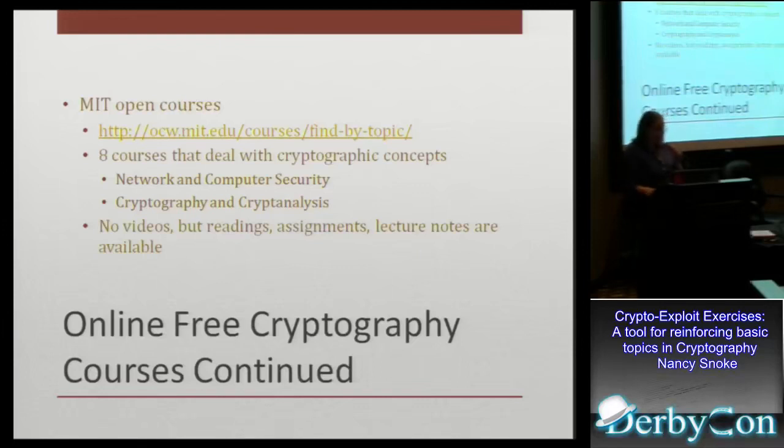And then they have a cryptography and cryptanalysis course, which also looked really interesting. The network and computer security course is an undergrad course, and MIT is putting all their courses online, so eventually there probably will be videos from what I understand, but they don't have them up there yet. It's just a matter of time, but they have all their assignments, readings, and lecture notes up there.